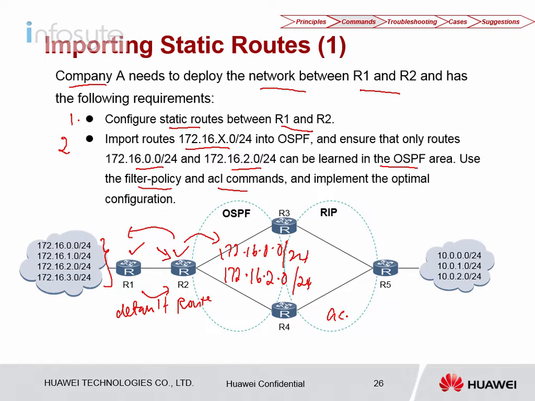So our ACL, we are going to configure this ACL 172.16.0.0. Now because we only want to have 0 and 2, in this case this will be our even number, we can use a wildcard of 0.0.